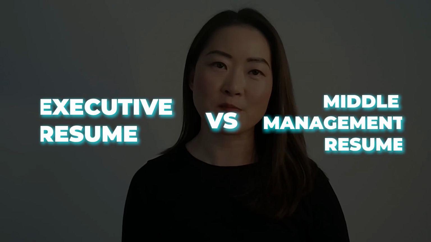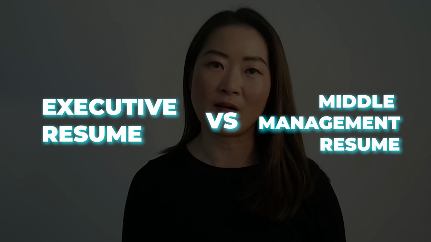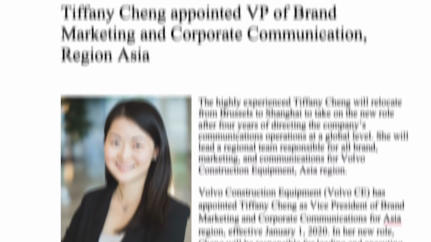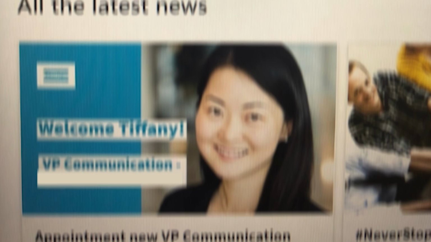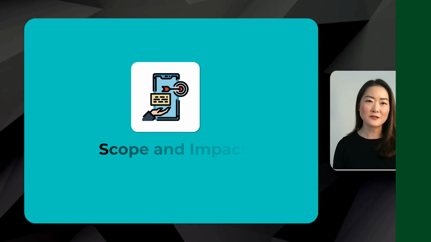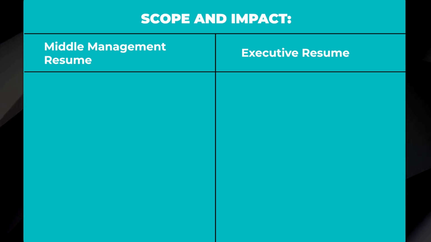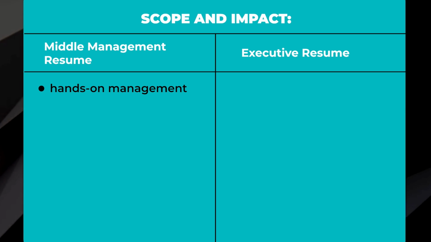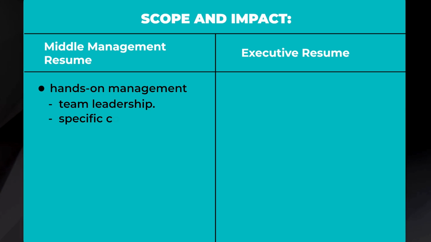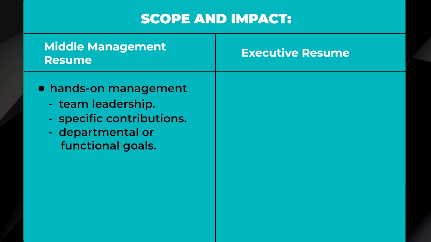Now, let's break down the main differences between the two resumes, and these are also the points on how I differentiated myself, my resume, and ultimately got the vice president positions in two of the largest Swedish companies by market cap. The first difference is the scope and impact. Resumes for middle management positions highlight hands-on management, from team leadership to specific contributions to departmental or functional goals.